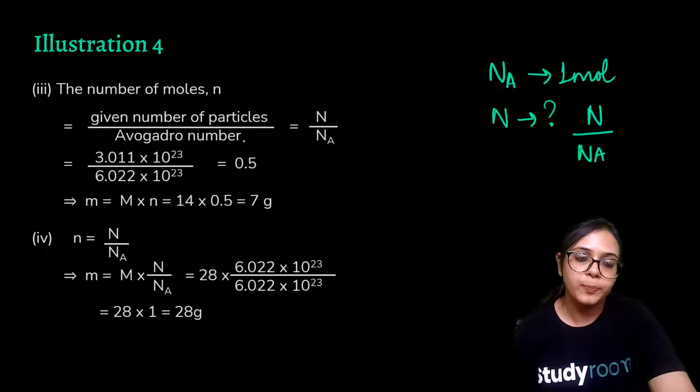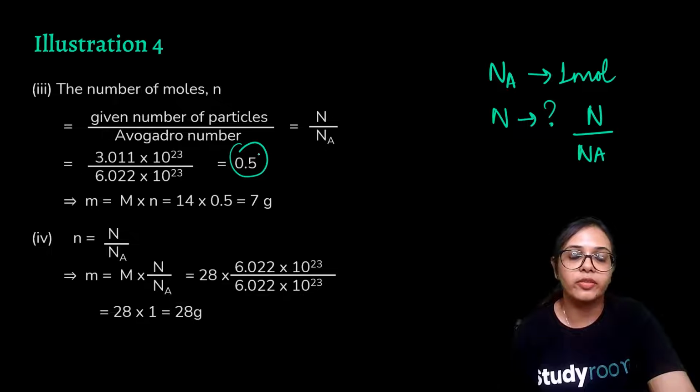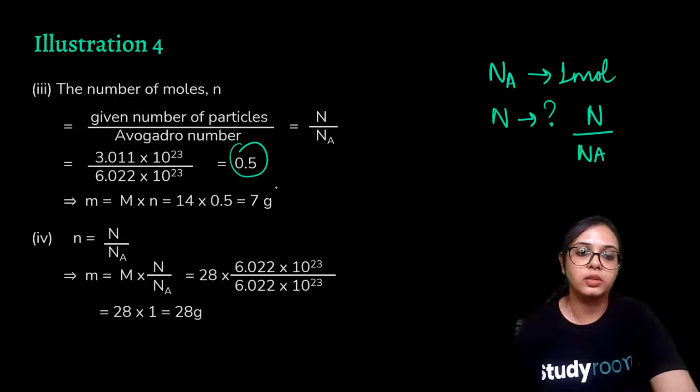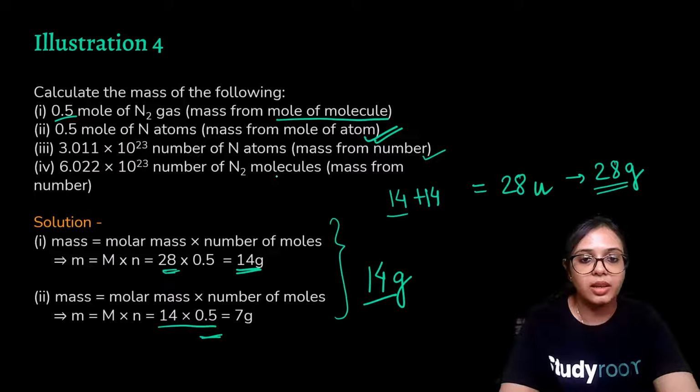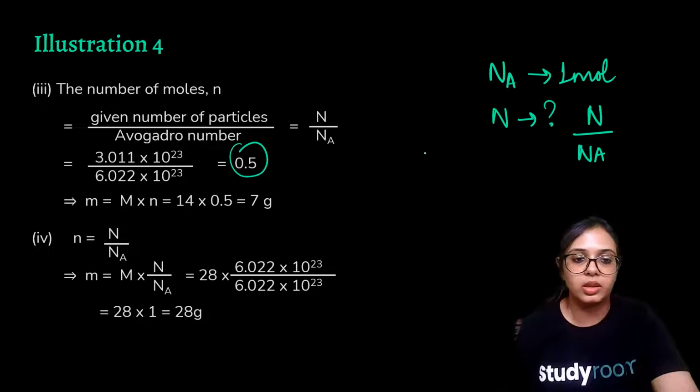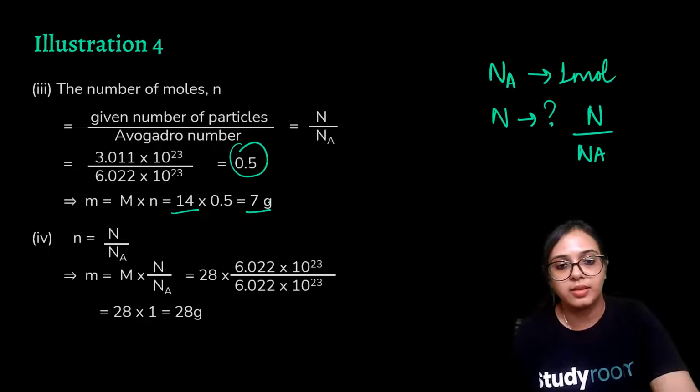Okay, so we will divide 3.011 into 10 to the power 23 by this. So the result is 0.5. So it's the same thing again over here. We have 0.5 moles, and since we are to calculate mass from number of only nitrogen atoms, the gram atom mass would only be 14, and we'll be getting 7.